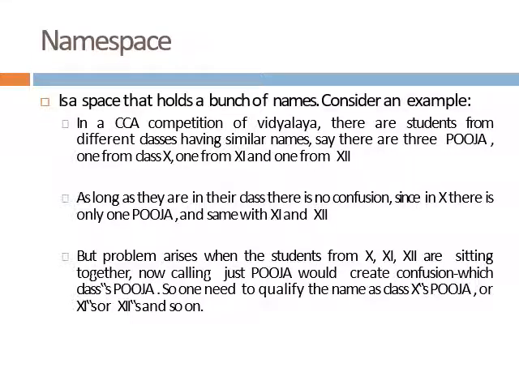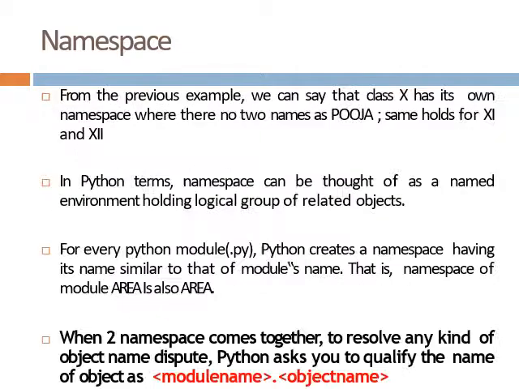So we need to qualify the name as 10th Puja, 11th standard Puja and 12th standard Puja and so on. From the previous example, classes 10, 11 and 12 each have their own namespace. To refer to a name in a namespace, you have to prefix the namespace before the name.